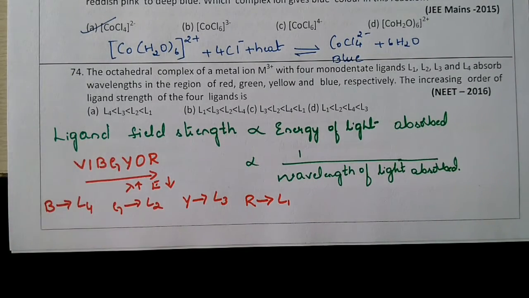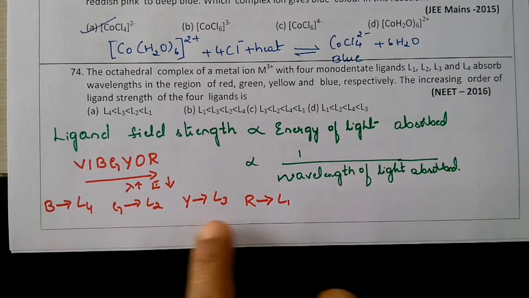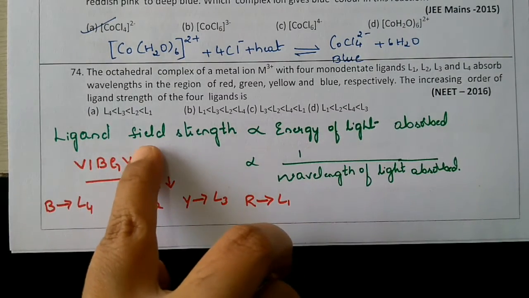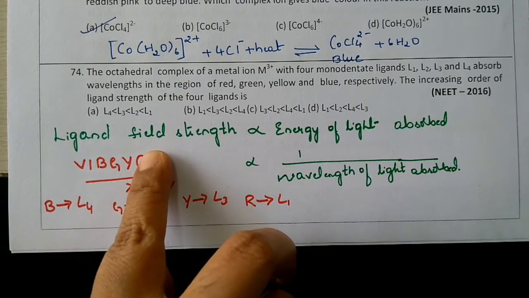This increasing order of energy of wavelengths indicates the greater extent of crystal field splitting, or the strength of the ligand. You can also relate this to crystal field splitting. If the field strength is more, then the crystal field splitting also will be more.